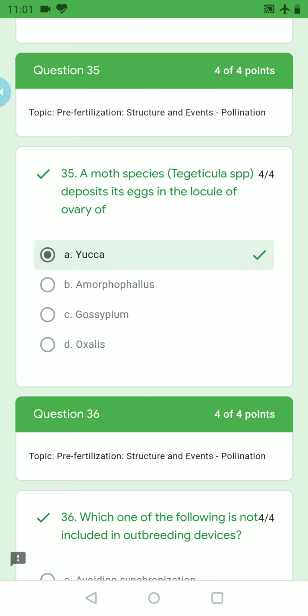What happens? As I told you, for the purpose of shelter, the moth lays its eggs inside, and during that process it pollinates. When the eggs hatch, the moths come out again. So this is a symbiotic association. Which is the right option?